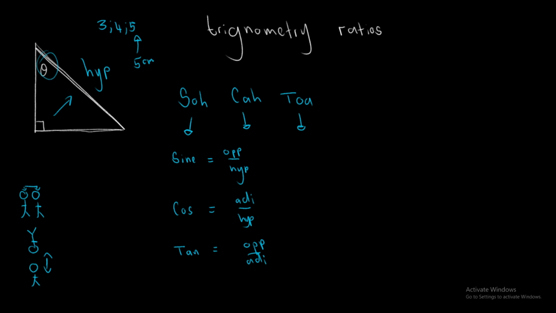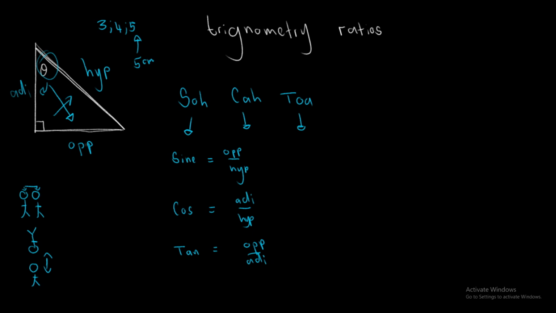The angle can be A, B, C, theta, alpha, whatever. So let's see, what's looking across from theta? Well, we know now that would be the opposite. And next to theta, we have the adjacent side. That's how we can easily identify trig ratios.